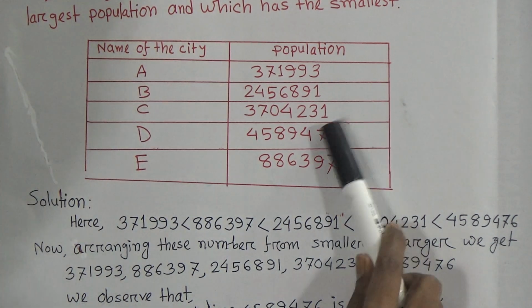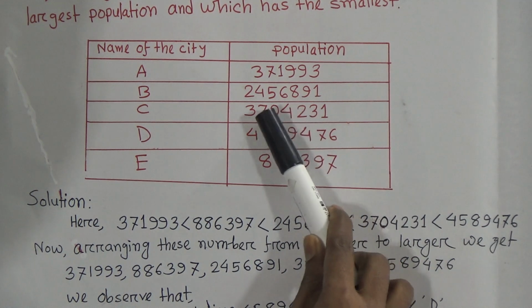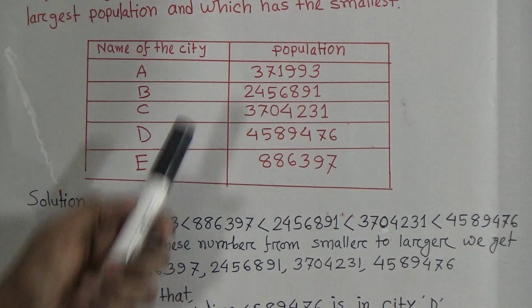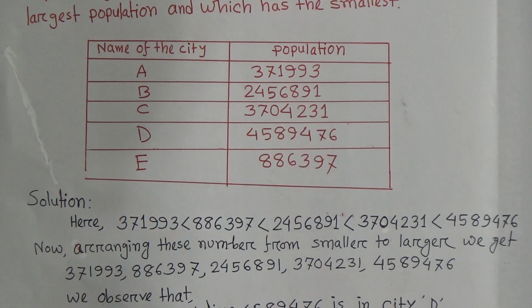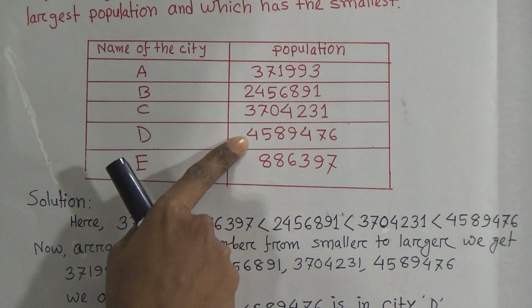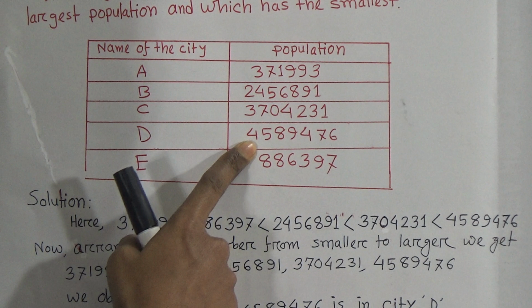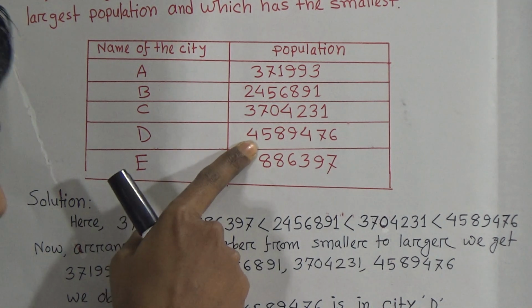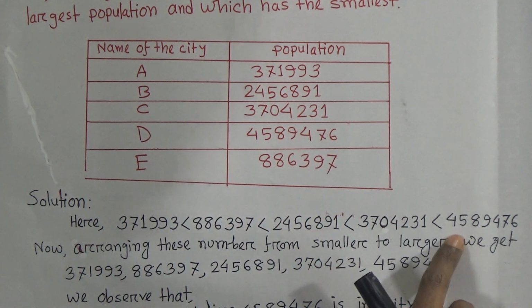You know the ones, tens, hundreds, thousands, ten thousands, lakh. That means 37 lakh 4,231. So I have written. And you see, which city has the biggest population? You see, this is 45 lakh. So this is the biggest. That means 45 lakh 89,476.